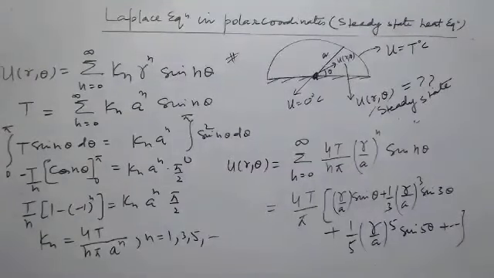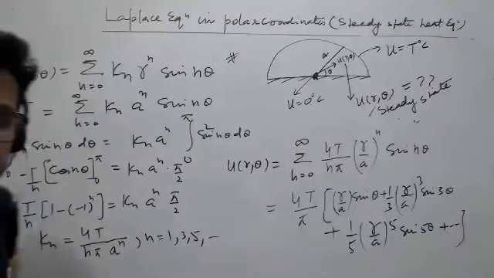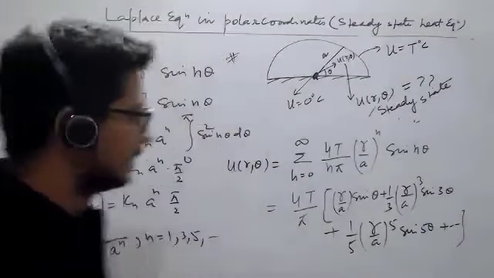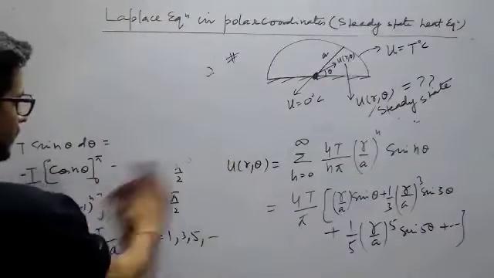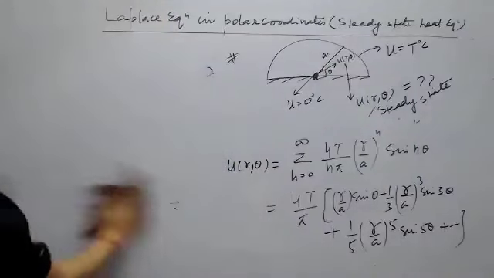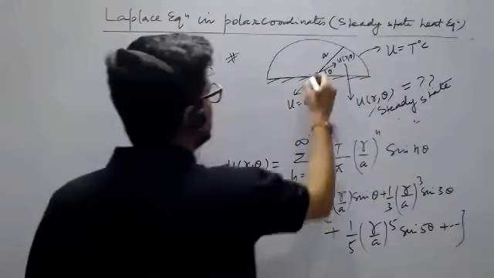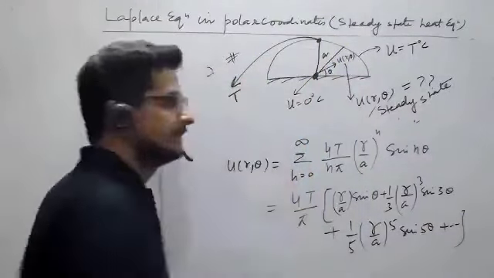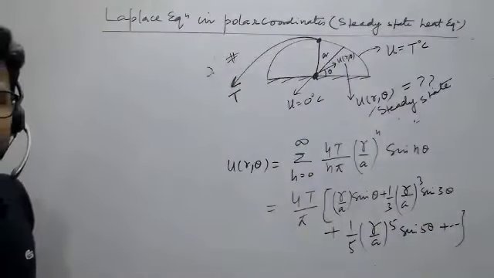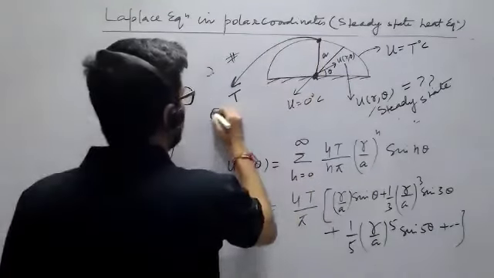Done, sir. Everybody? Yes, sir. So I want only this part. That part will be written. Now let us check. I am going to take this point. What should be the value of temperature here? T? What is the value of theta here?